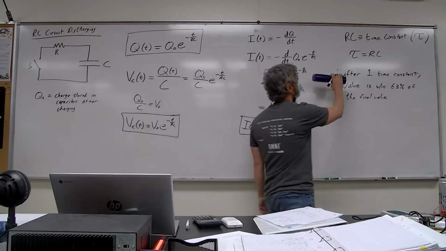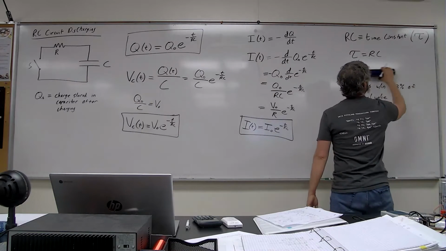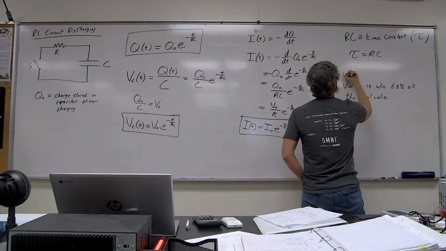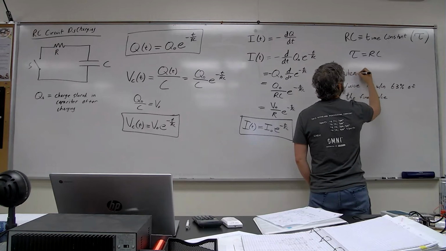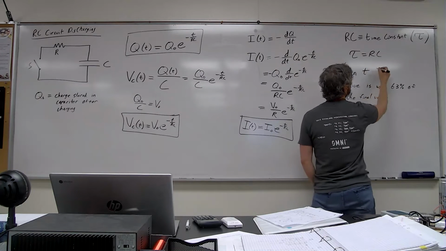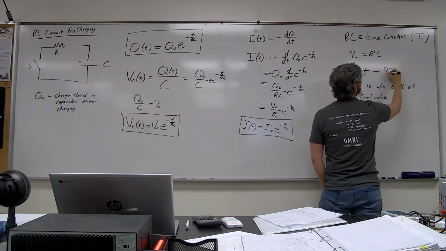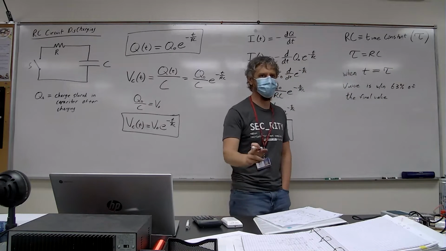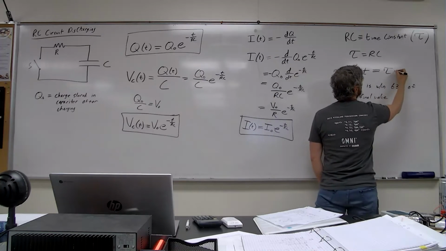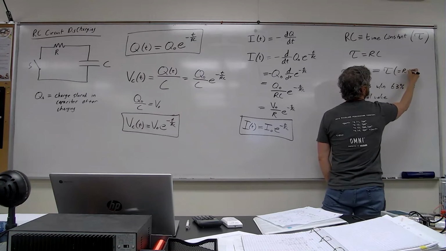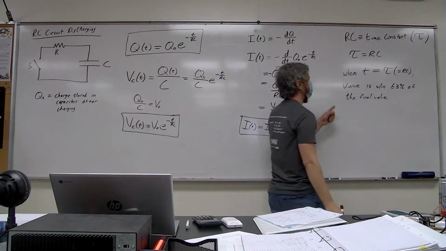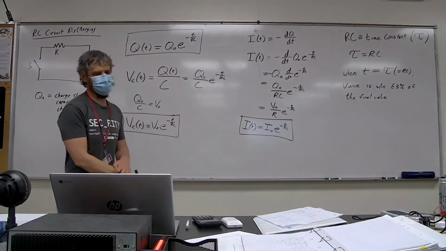This is poor wording. What I should have said is: when time t is equal to the time constant tau, which is equal to RC, then the value is within 63% of the final value.